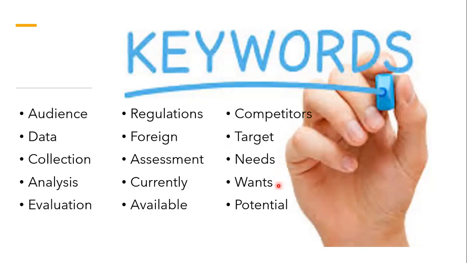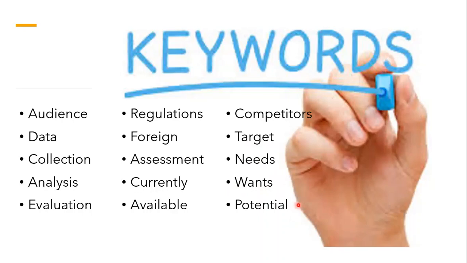Different from wants. You may want something, but maybe you don't need it. Like maybe you want a new cell phone, but yours is working really well. But you want a new one. Okay, so when you are selling products, you are curious about what your target market wants.